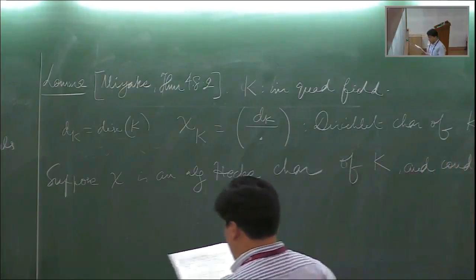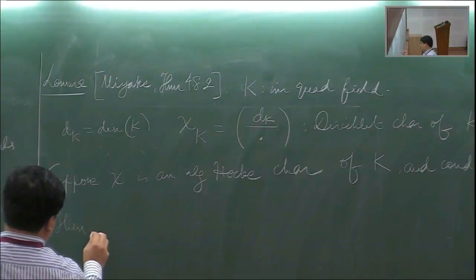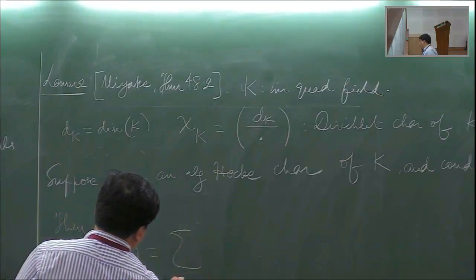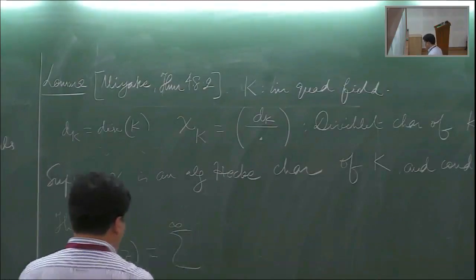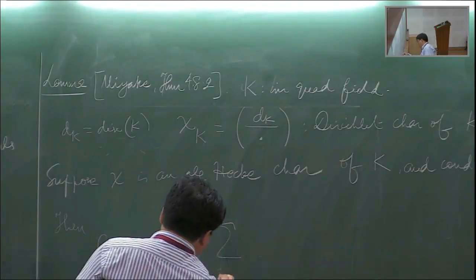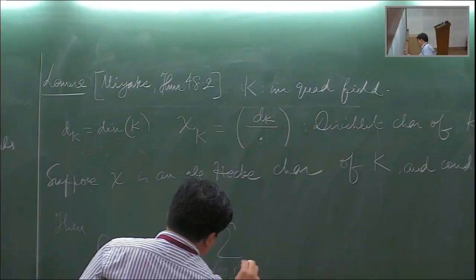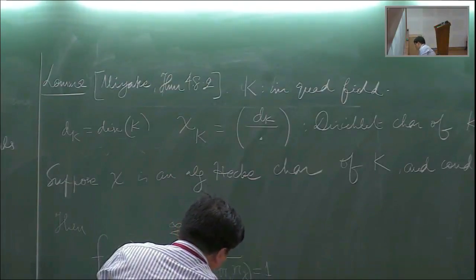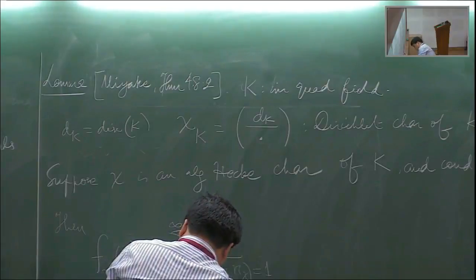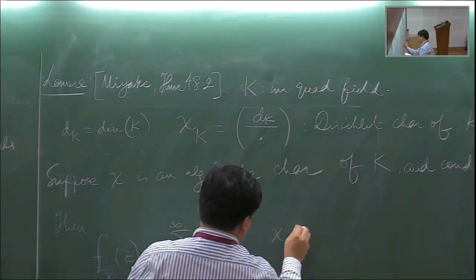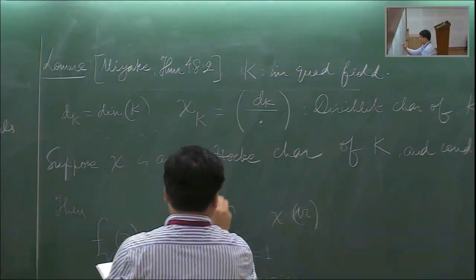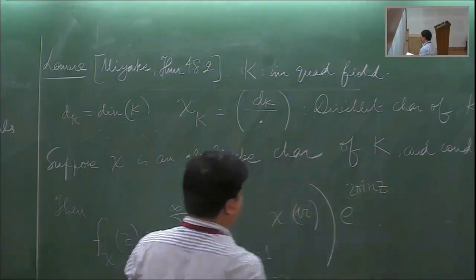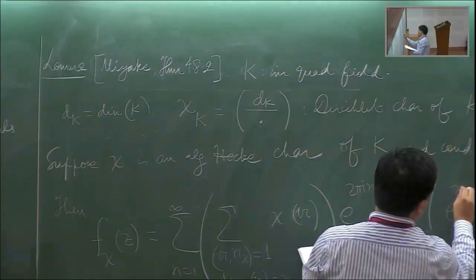Then I'm going to write down a power series expansion, f chi, which is the summation n equals 1 to infinity, over ideals A co-prime to n chi, I need this condition even to talk about this character, with the norm of A equals n, of chi of A times e to the power 2 pi i n z.